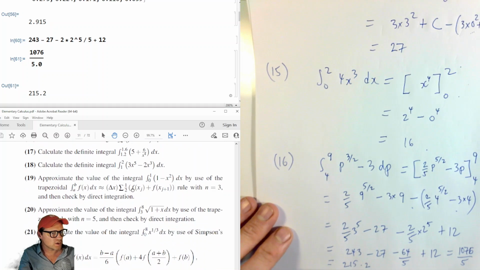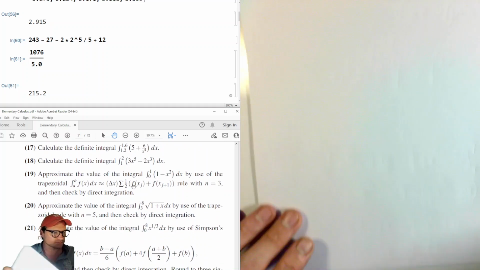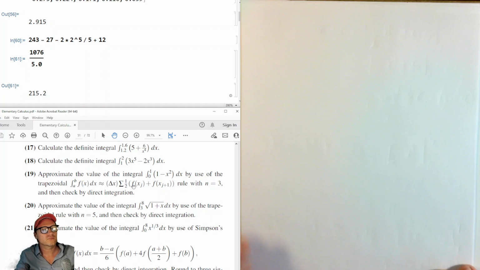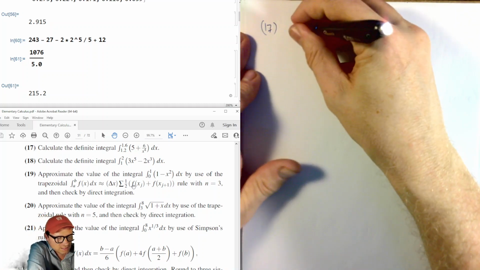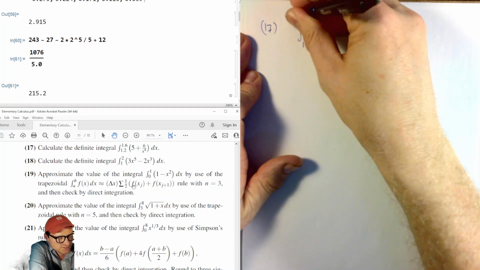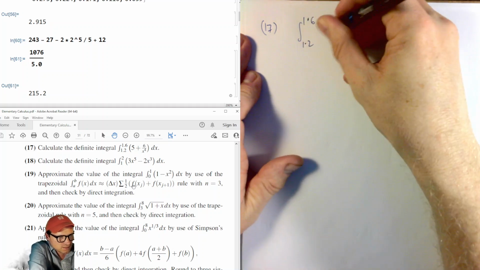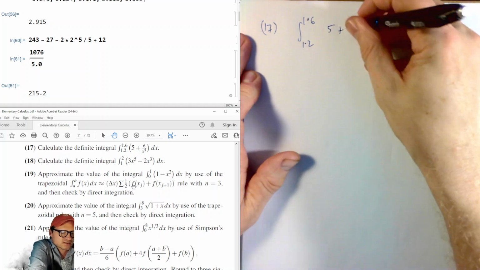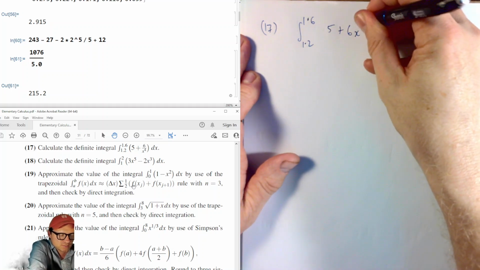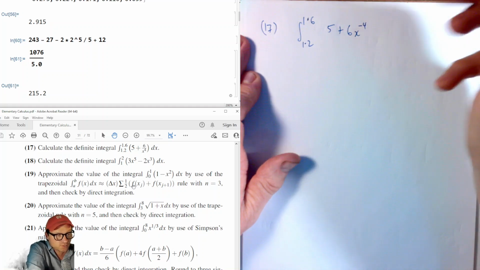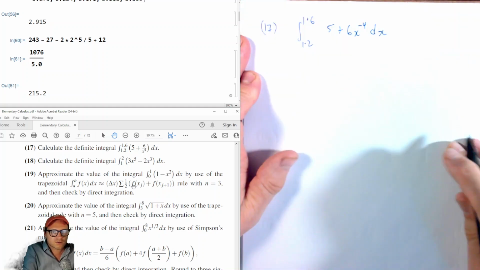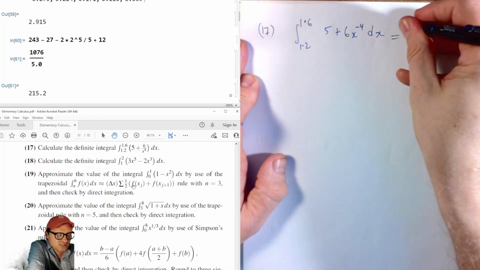Okay, let's move on to question 17. Calculate the definite integral from 1.2 to 1.6 of 5 plus 6 times x to the minus 4. Okay, and so let's integrate this first.